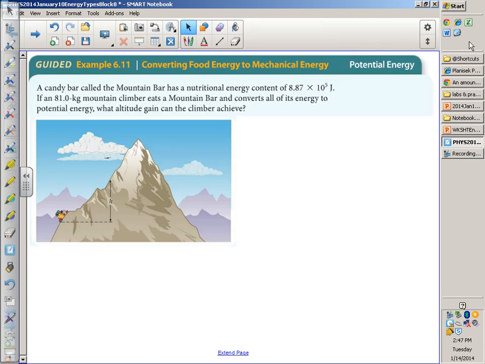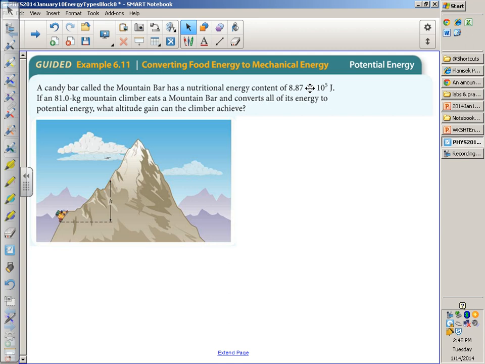If we take a look at this situation, this guy climbing a mountain, it says a candy bar called the mountain bar has a nutritional energy content of 8.87 times 10 to the 5th joules. We don't measure our food in joules. We use a different unit, calories.